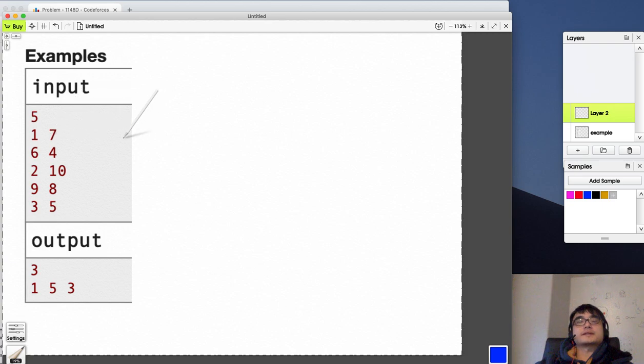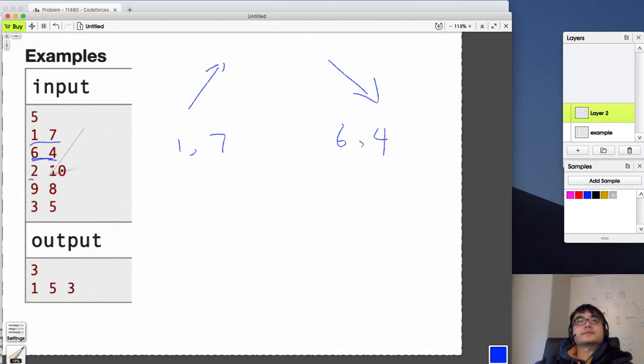How do we solve it? First, we are going to categorize these number pairs. We have 2 categories. One is increasing, and one is decreasing, right? This one, 7 is bigger than 1, so it's in the increasing set, right? 4 is less than 6, so this pair is in the decreasing set, right?